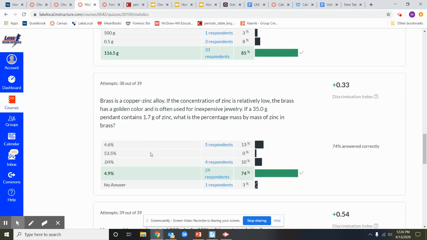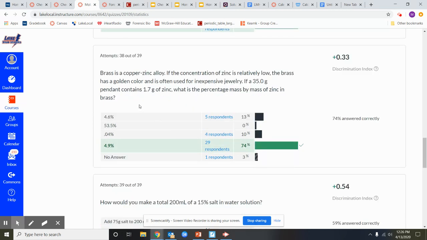Okay, for this next one, this is a percent equation again. You have zinc and copper, a zinc alloy. That's what brass is. It's asking, if you have a 35-gram pendant that only contains 1.7 grams of zinc, then what's the percentage?